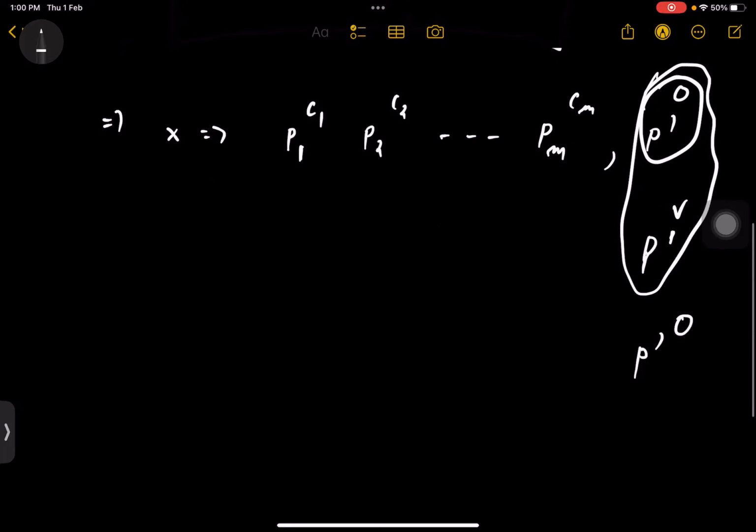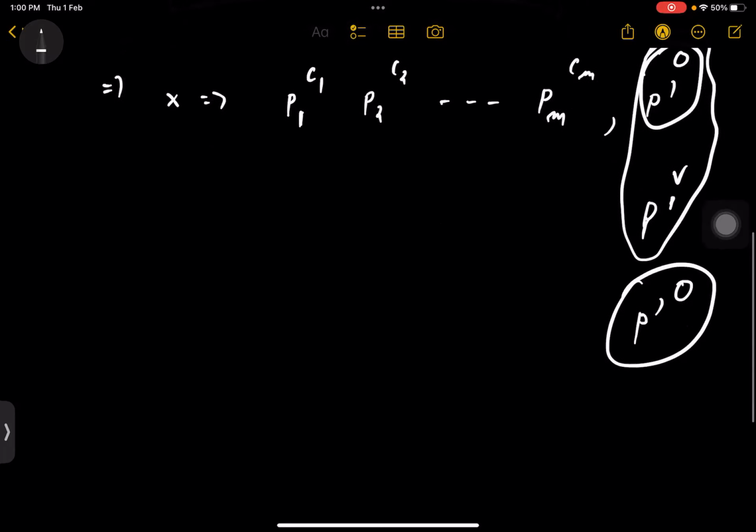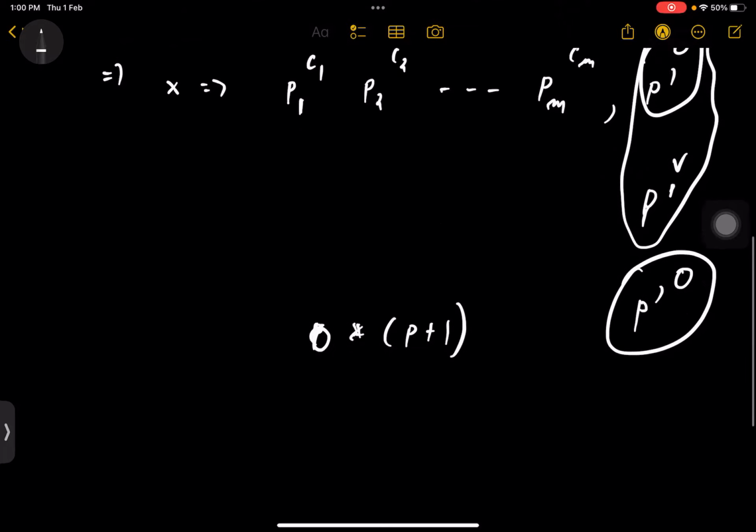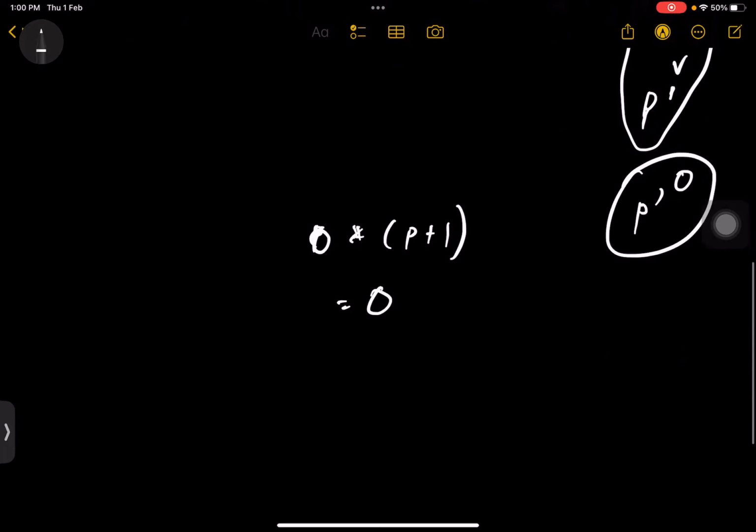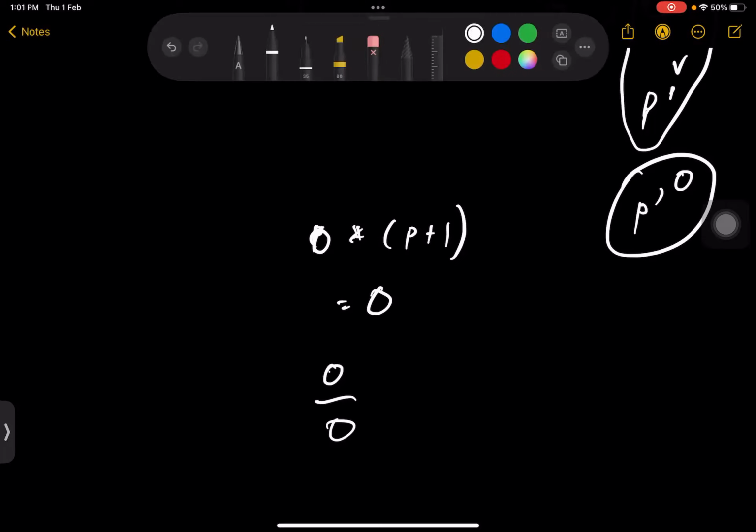And if we multiply the power with p plus 1, where p is the given number, it would be 0 into p plus 1, which is still 0. Now we should be able to subtract, right?